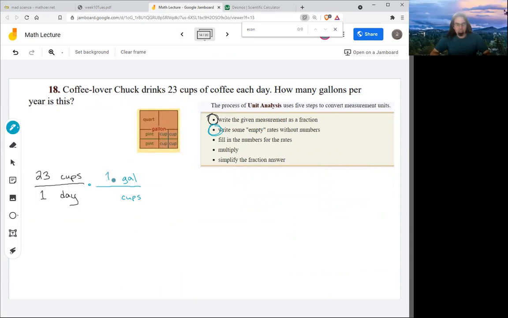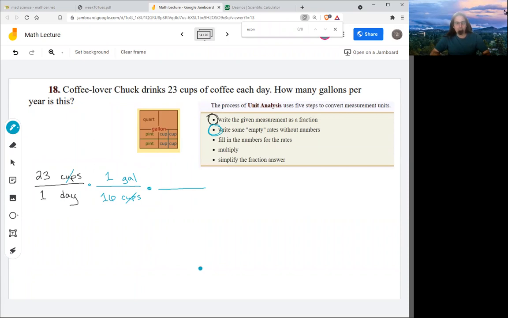So 1 gallon is 16 cups. The cups can cancel. Great, now I've gotten at least one of my measurement units what I want. I'm at gallons, but I don't want gallons per day. I want gallons per year. So I have to keep going.